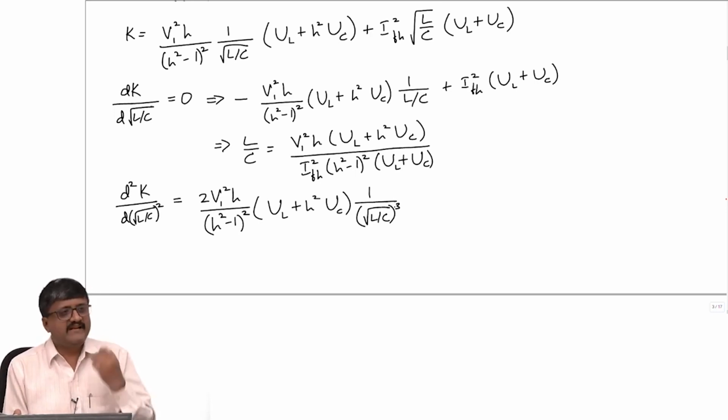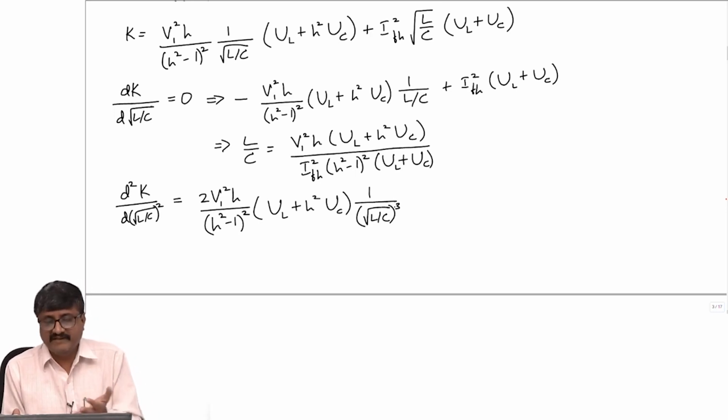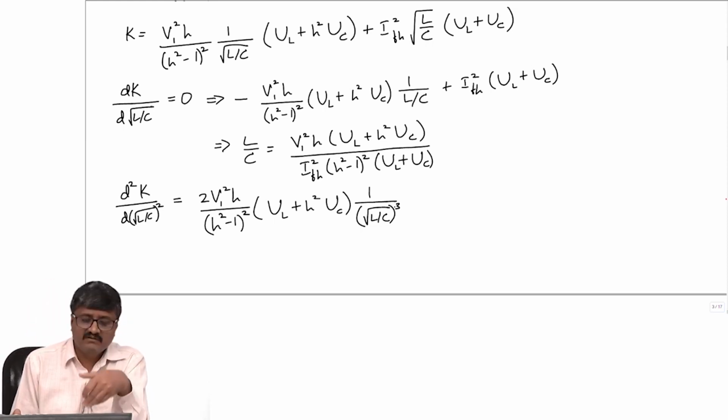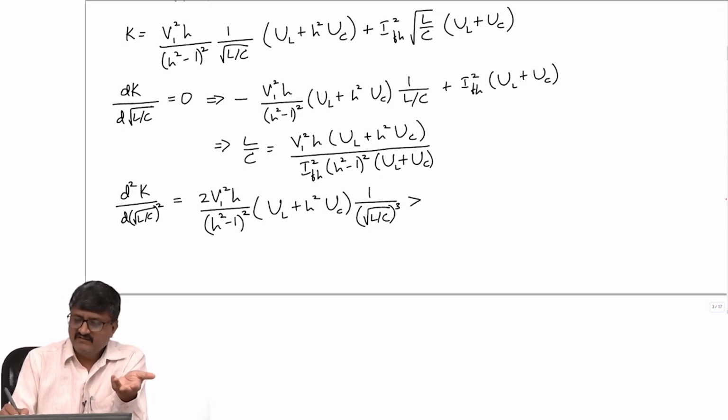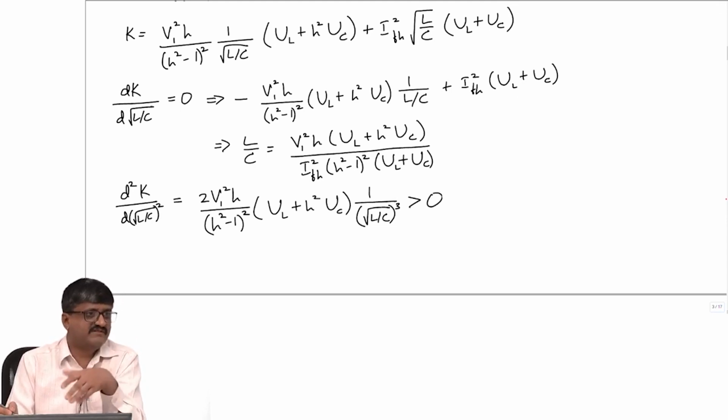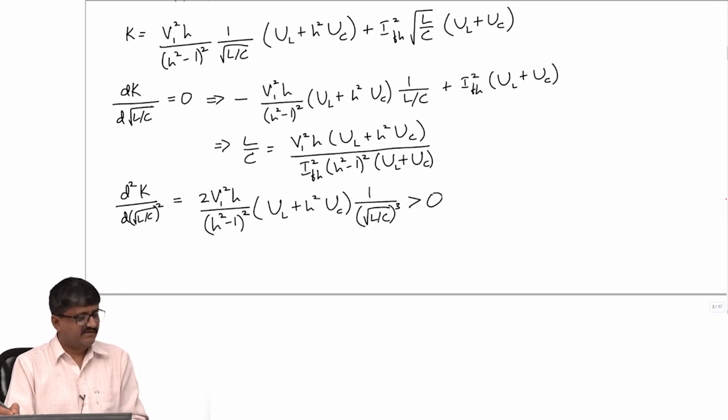Now, put any positive value for root L by C, and you will see that this second derivative is positive. Please note, this L by C is positive. Otherwise it does not make sense: L is positive, C is positive. So this is greater than 0, and it satisfies the sufficient condition.